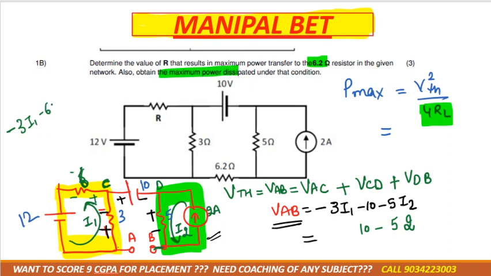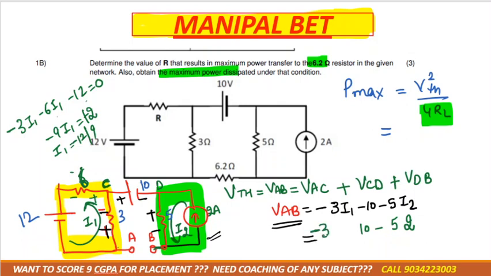So it would be like this or not? Minus 3 I1 minus 6 minus 12 equal to minus 9 I1 equal to 12. I1 would be equal to minus 12 by 9. So if the current is negative, we have to take the negative current as well.